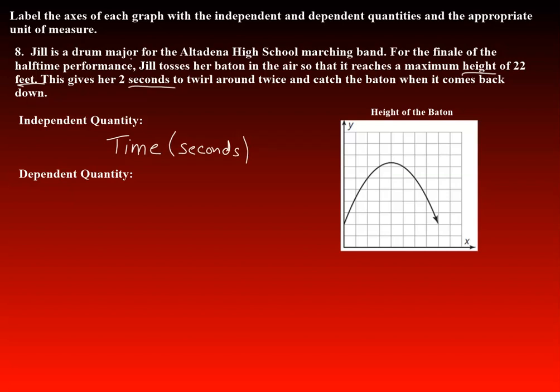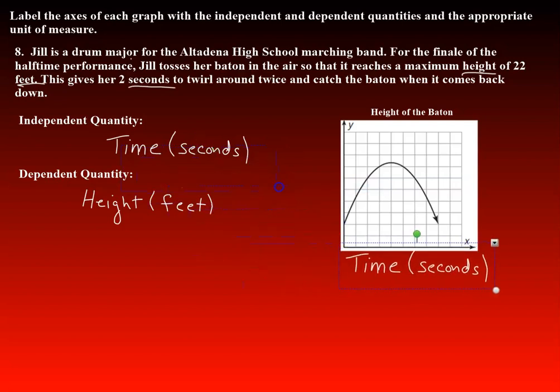And our dependent is going to be height, and it's in feet. So if you got either one of these wrong, it's okay. Go back and fix it, erase and fix. I mean, that's why we do things in pencil.